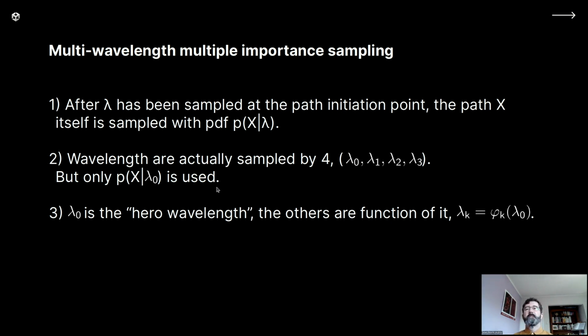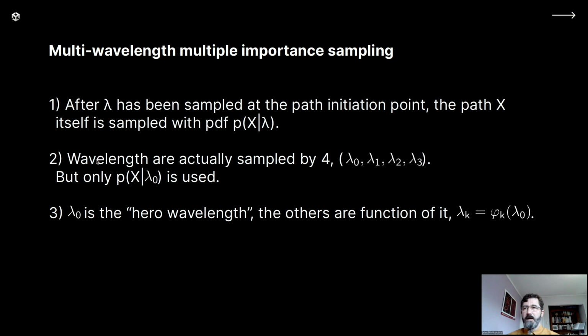Now the picture gets a little bit more complicated with the introduction of multi-wavelength sampling, also known as the Hero wavelength sampling technique, after the paper of Wilkie and his collaborators of 2014.